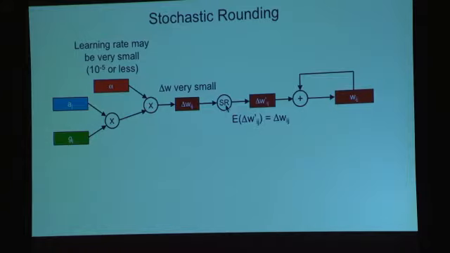And so this actually is unbiased. It gives me the correct expected value of the output. If I did round to nearest, I would always round it to the lower weight. And so if I do stochastic rounding rather than round to nearest, I get much better results, and I'll show you some data on that shortly.